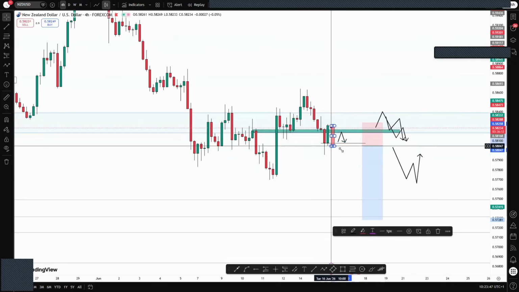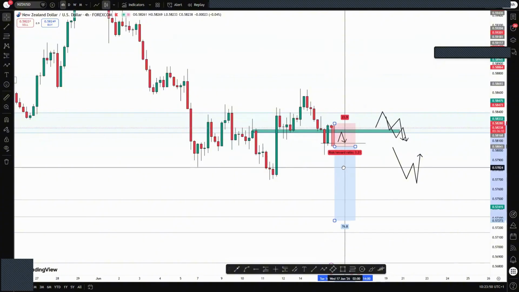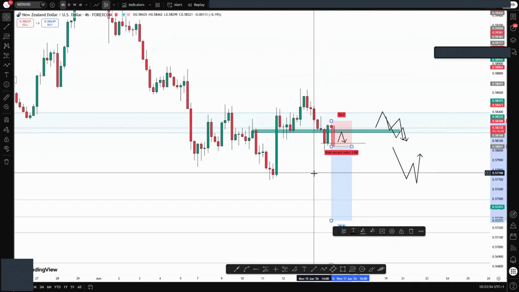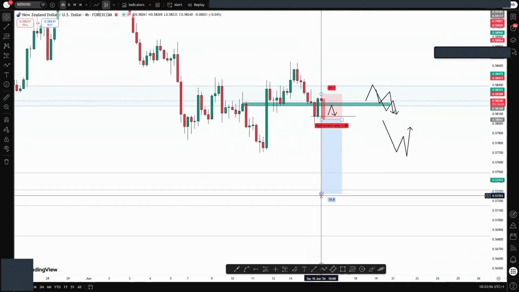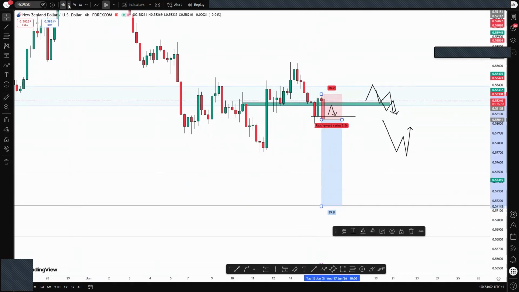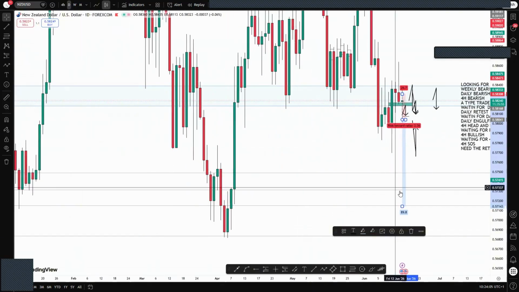If price breaks with an engulfing, we have a choice to sell here. Okay. But this means that the 1 to 3 will be all the way to this zone here.